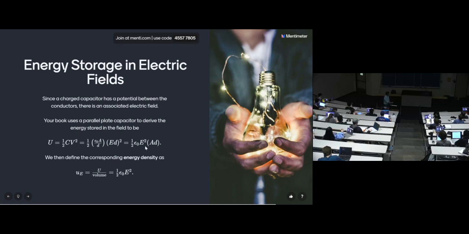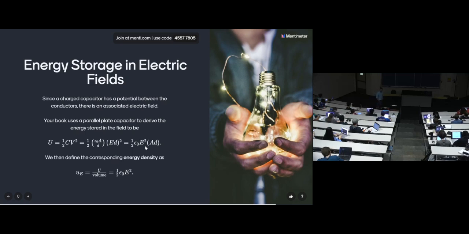It does not have to be the electric field between the plates of a parallel plate capacitor. If you want to know the energy stored in an electric field, you get 1/2 epsilon naught E squared times the volume that the electric field exists in. Or rather, you would have to integrate over that volume because you don't necessarily expect the electric field to be constant in that volume.